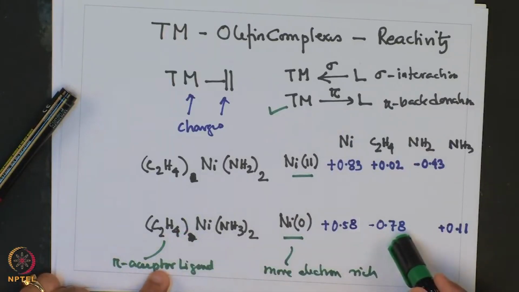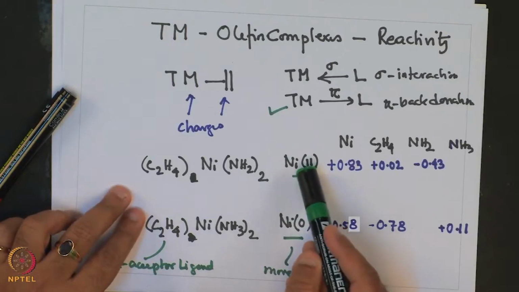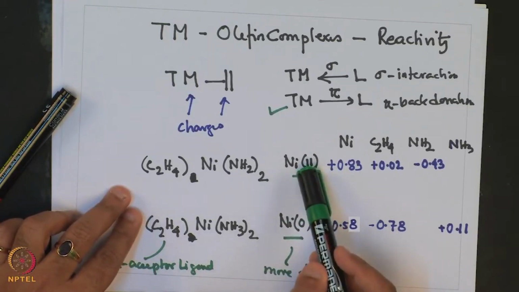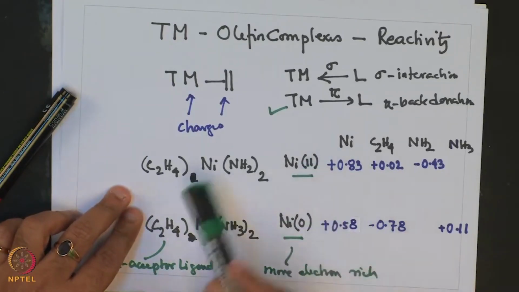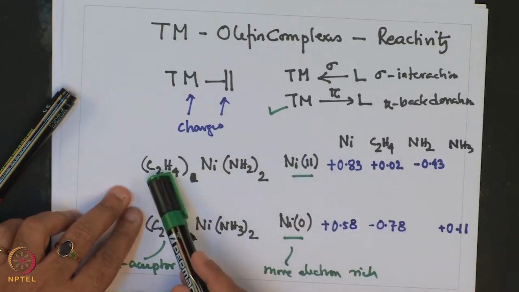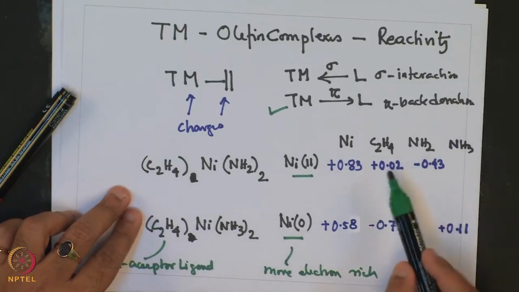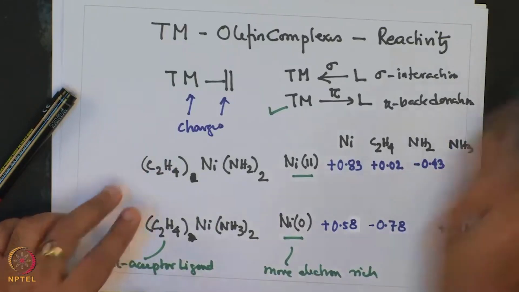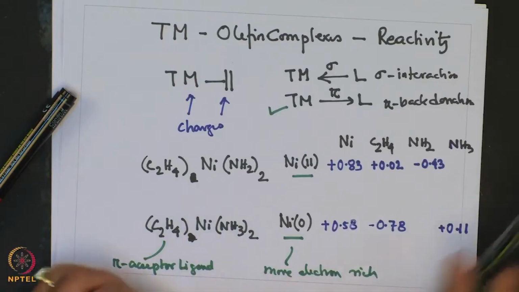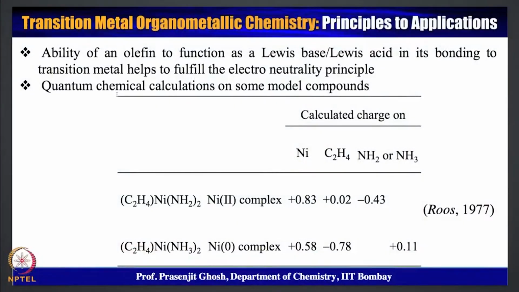As a result, the alkene moiety in the nickel 0 complex is more negatively charged at minus 0.78, whereas in the case of nickel 2 the metal center is less electron rich. As a result, nickel to alkene back donation does not occur much, and hence that alkene is no longer negative, and it is slightly positively charged. Probably in that case the back donation is almost negligible or does not occur at all.